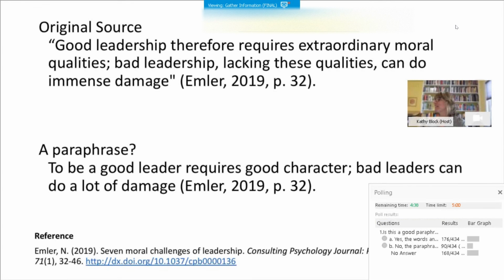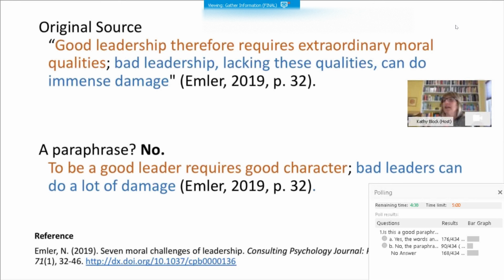Okay, let's publish those poll results. 41% of people thought, yep, words and sentence structure have been changed enough. And some people still think, no, it hasn't been changed enough. In fact, the wording is still too close to that original source. Notice how the sentence structure in the paraphrase really mirrors the sentence structure used in the original.